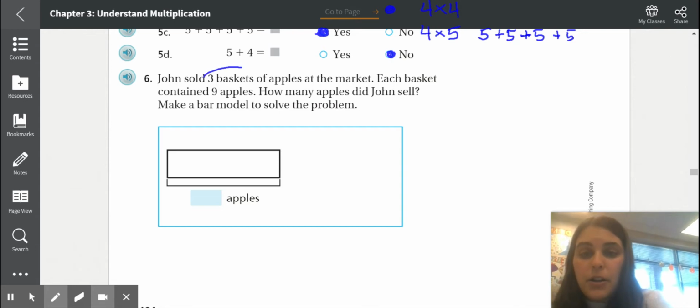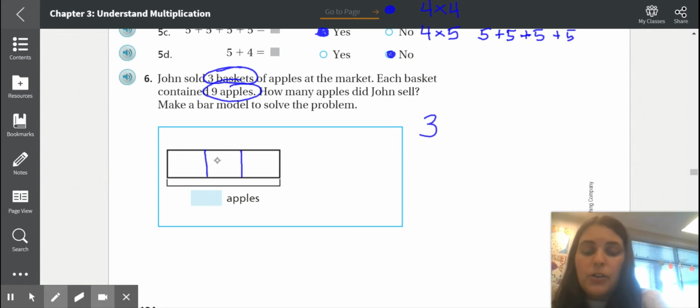John sold 3 baskets of apples at the market. So we know we have our 3 equal groups. Each basket contained 9 apples. So we know we're going to have 3 equal groups of 9. So as best you can, we're going to split this bar model into 3 equal groups.